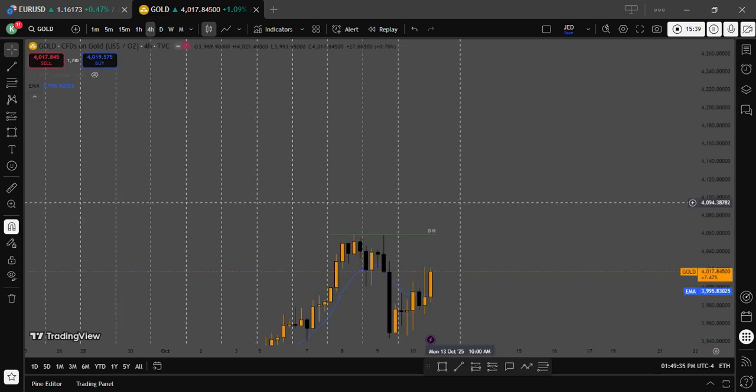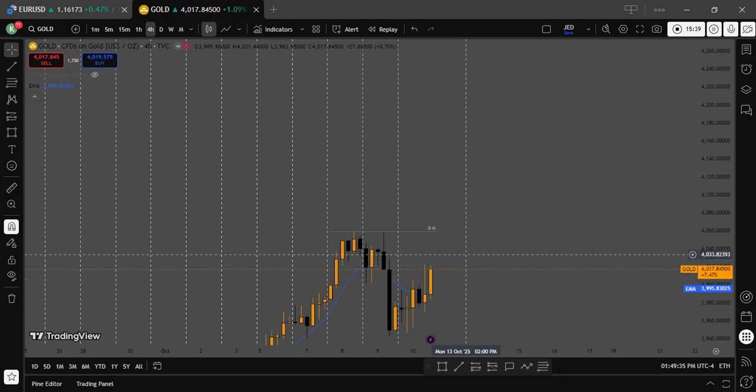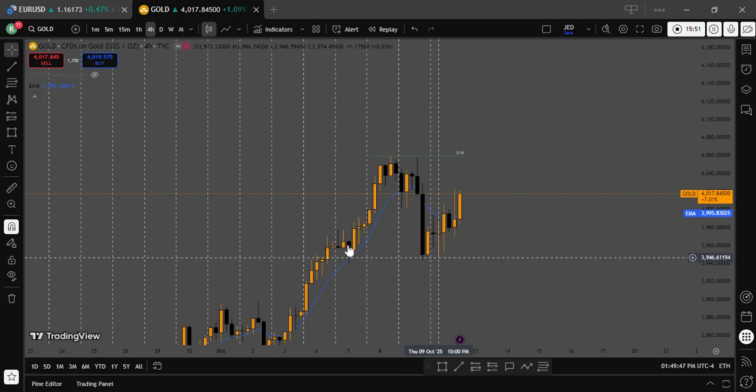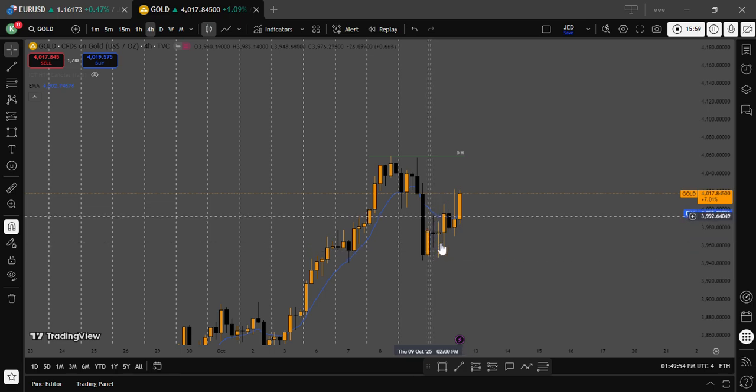Also, another thing is that we've seen price came into a zone here. We came here, but there was a gap here, and price couldn't hold price down.